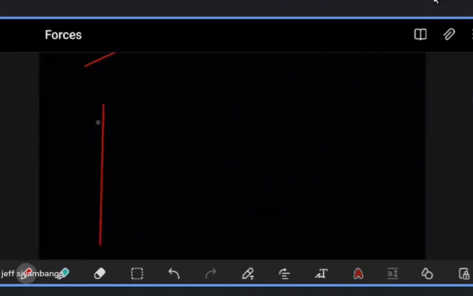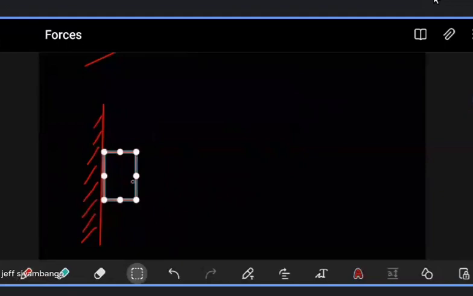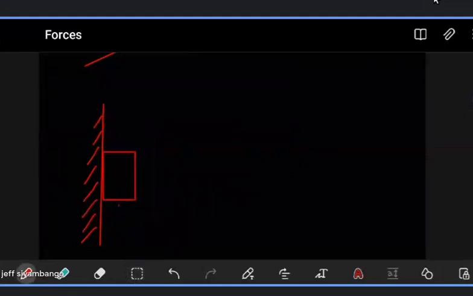Picture the case where the wall was vertical, and you have an object that was sliding down along our wall. Again, the question is, where is friction? If this object is sliding downwards, so this is the motion, then notice that friction has to oppose this. Friction has to point upwards.